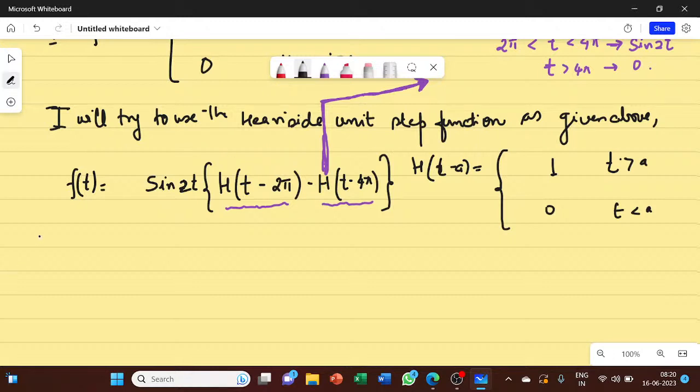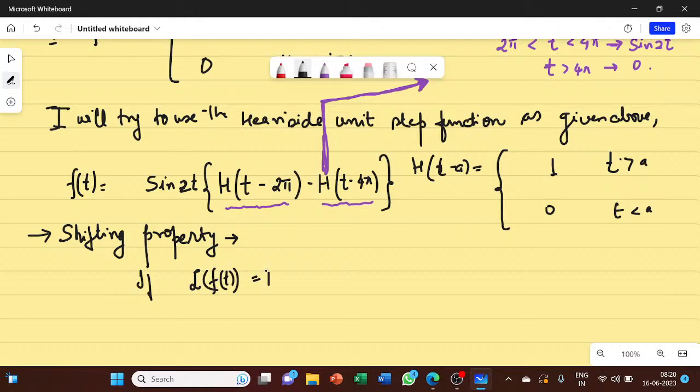Now this brings us to another concept which is called the shifting property. If the Laplace transform of f(t) is F(s), that is, the Laplace transform of f(t) is simply the integration from 0 to infinity of e to the power minus st f(t) dt, right?